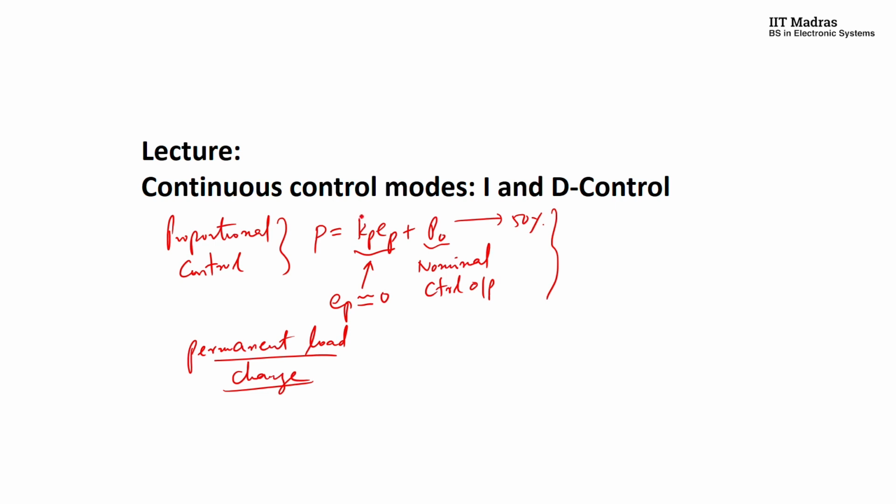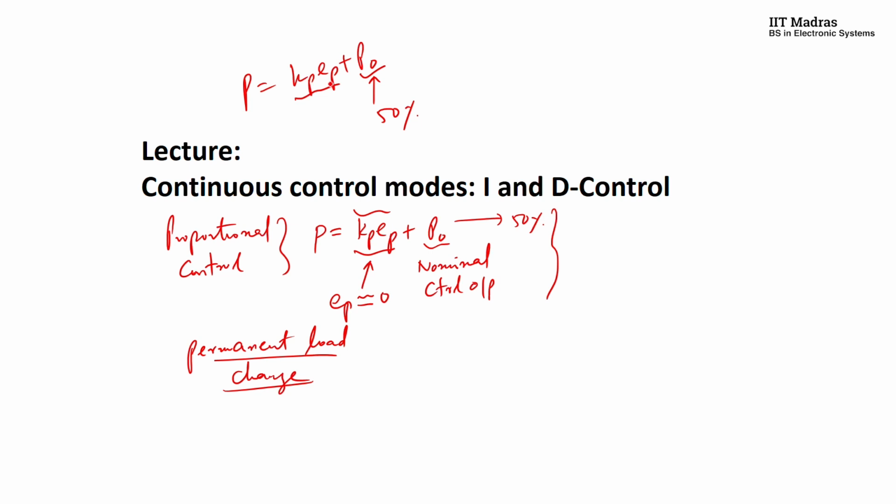Unless there is an error, there will not be any control output. P is equal to Kp EP plus P naught, and assume we took P naught to be 50%, as in the last example. Now you can only manipulate the Kp into EP term, where Kp is the proportional gain.